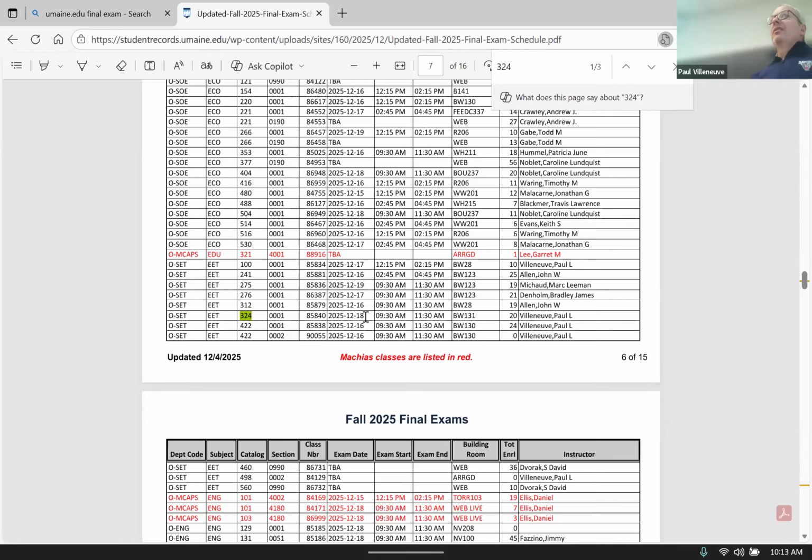Even if you look over here, the location, studentrecords.maine.edu or umaine.edu, that has nothing to do with me. I say that because every semester, someone says, can you move the final? It's like, I didn't set the final. So how can I move it if I didn't set it? So that's a hard move. You can go try to ask student records if they'll move it, but I don't know if they've ever moved one.